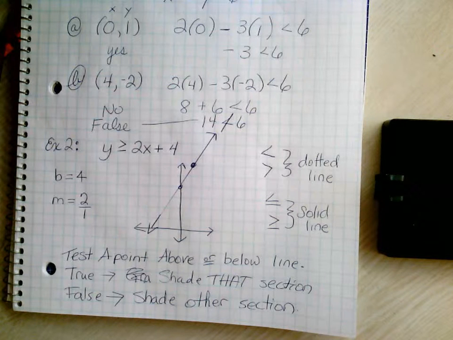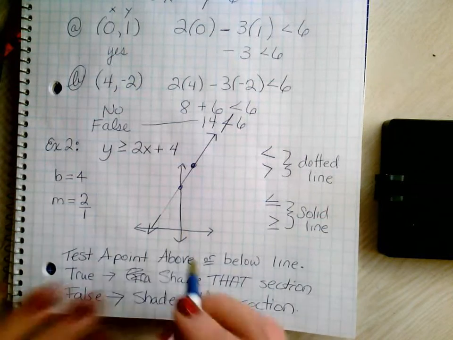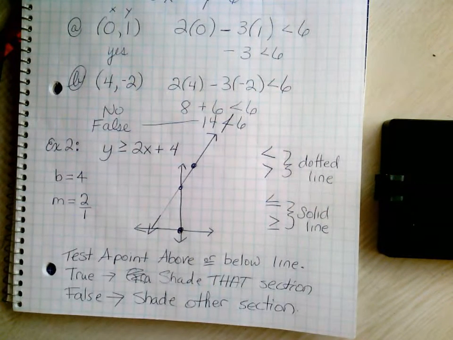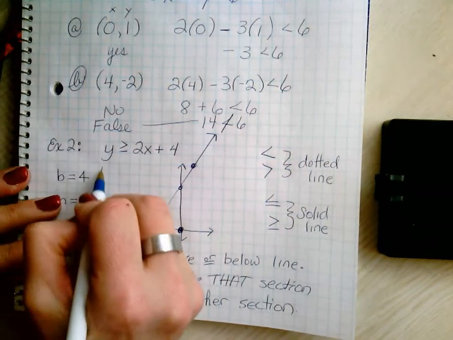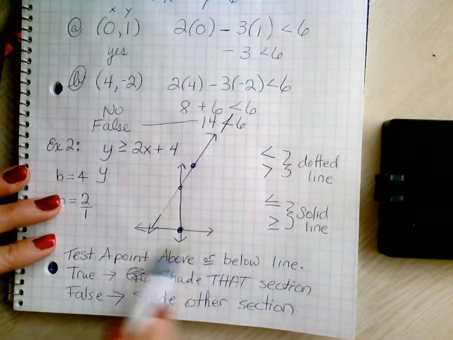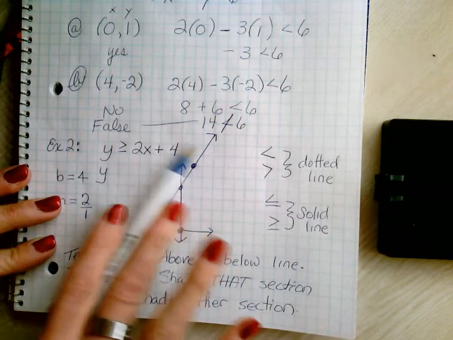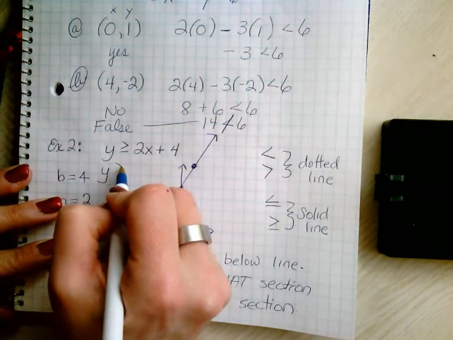I always try to test the 0, 0 point, which is your origin, right? Pretty easy to fill in 0, 0 as a value. Okay, so this is going to be my test. If it's true, I'm going to shade here. If it's false, that means this is wrong. The other side satisfies the greater than portion. So here we go.